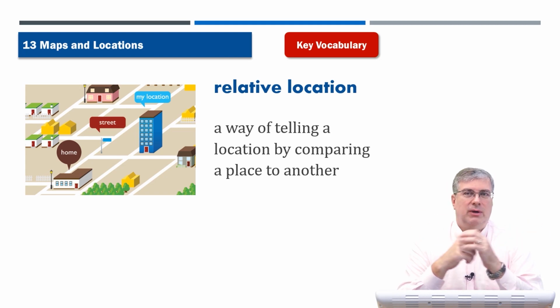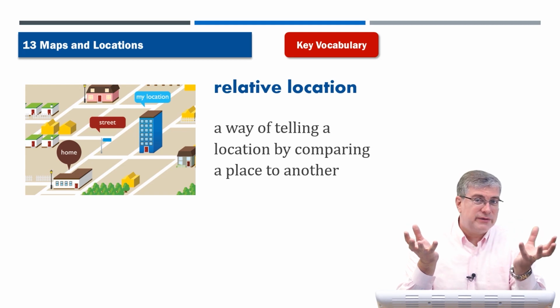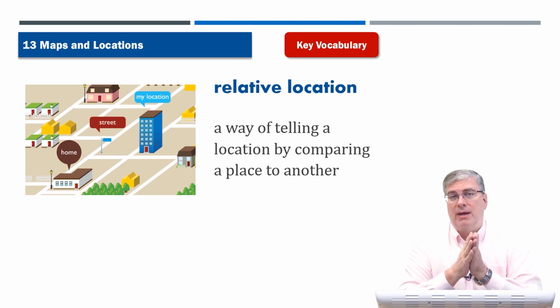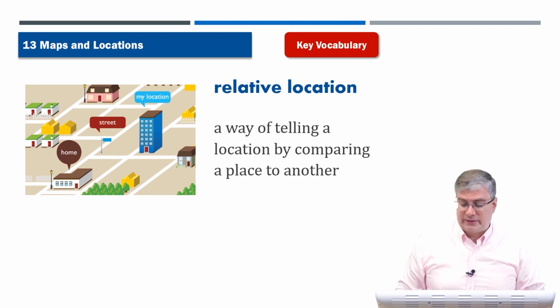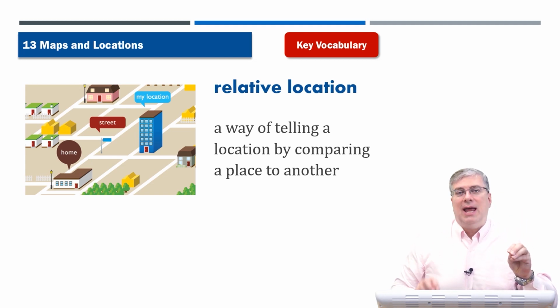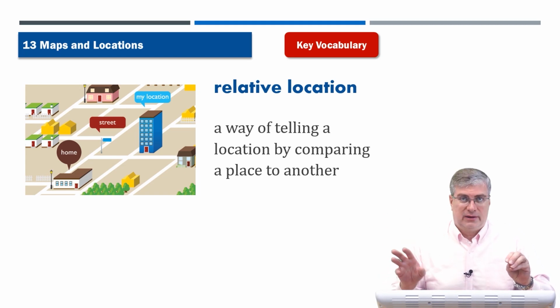So that's a relative location when you compare where something is to something else. Absolute location is just giving the information to say exactly where it is located. And we'll talk about that, of course, in this lesson. Okay, so that's the difference between absolute location, the exact location, and relative location, just where is it compared to other things. Okay.